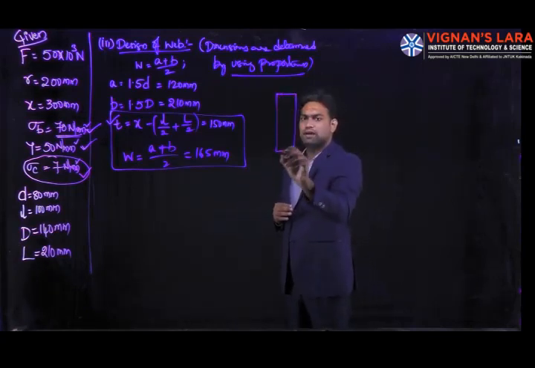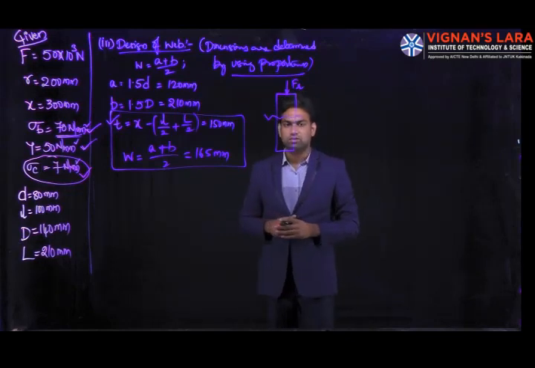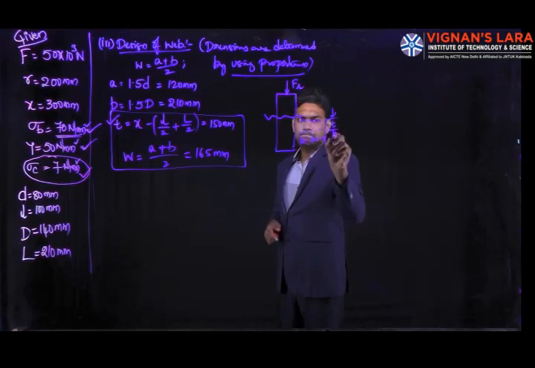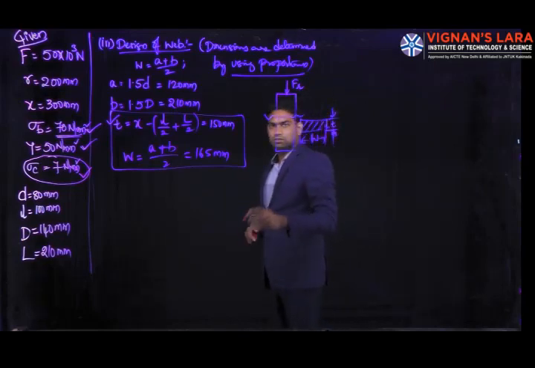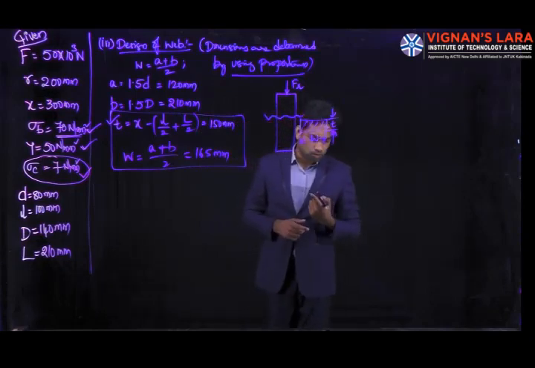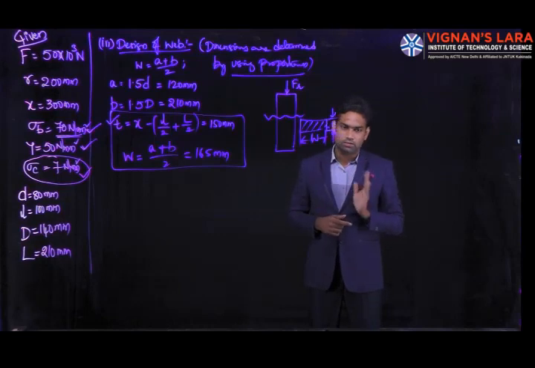So the web is in this fashion. We consider the load Fr acting in this direction, so the radial normal stress is induced. The cross section is in this fashion: this is the mean width W, and this is the thickness small t. That is the normal stress, first due to the radial component of the load. It is also subjected to bending due to the radial load.